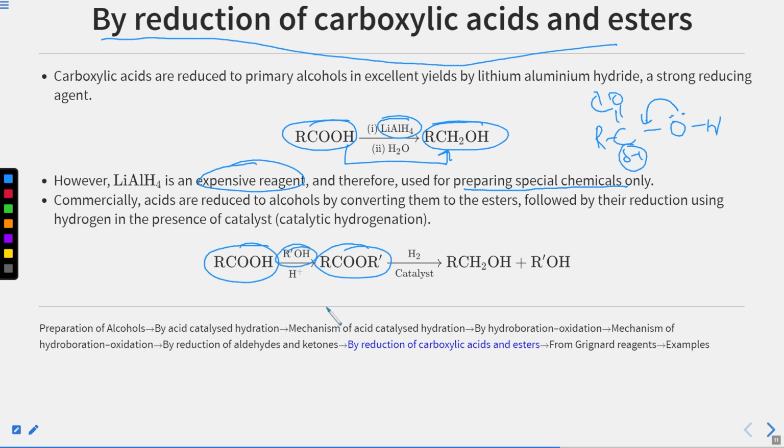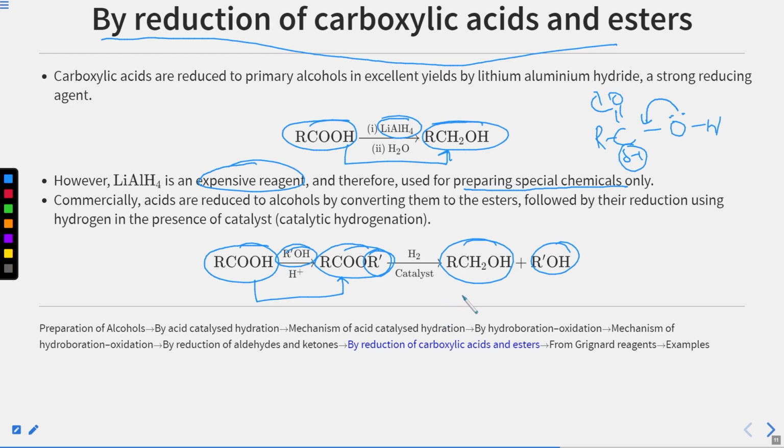So we esterify our carboxylic acid to get RCOOR'. Then this is further reduced using a catalyst to alcohol, that is this one, plus R'OH is also formed.